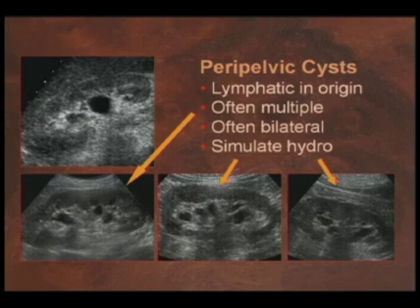The difference between multiple peripelvic cysts and hydronephrosis is that with hydronephrosis, you can almost always see a distended pelvis extending continuously into an upper and lower pole infundibulum and many times into a mid-pole infundibulum. And with peripelvic cysts, you see separate cystic structures that do not communicate.